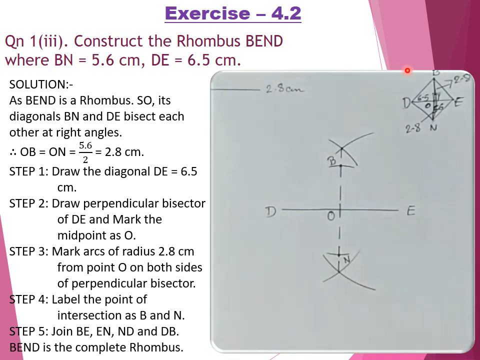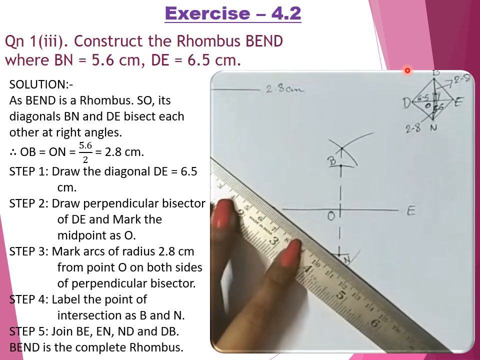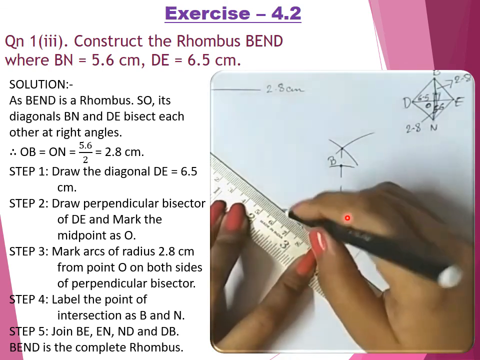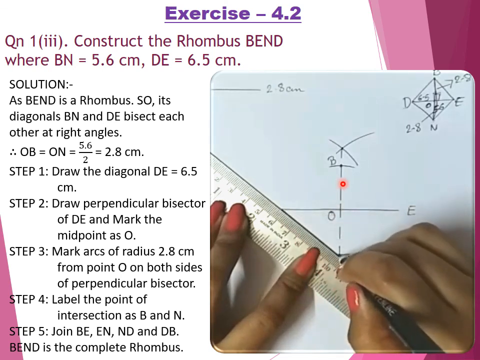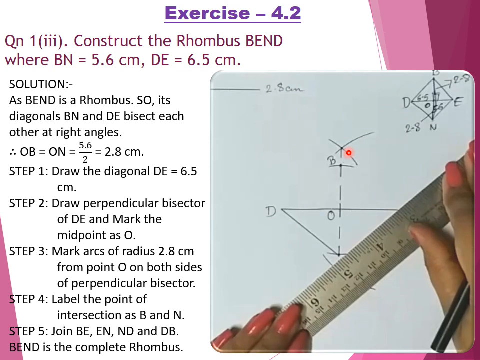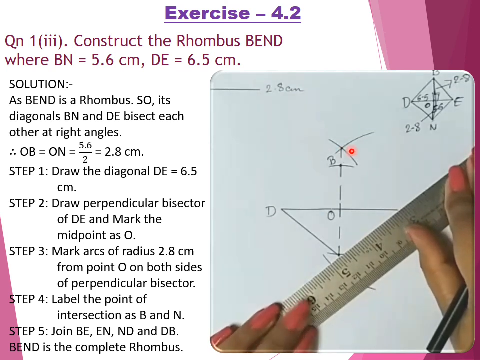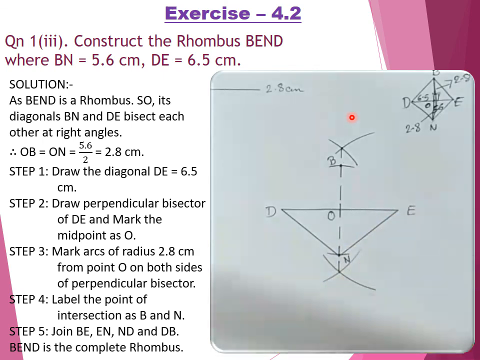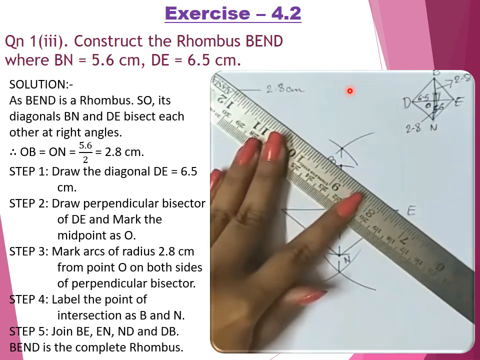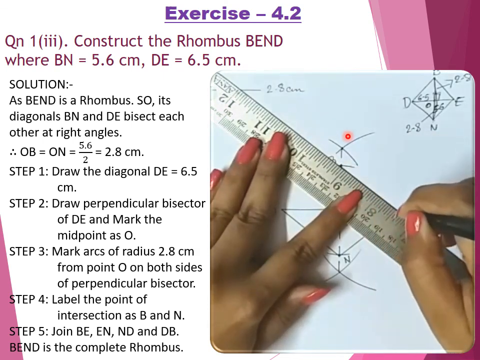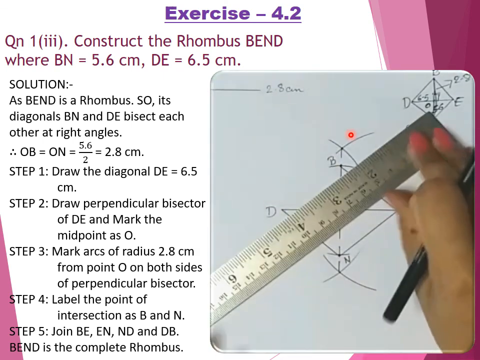Let us now join the points to construct the line DN followed by EN, then DE, and BD.